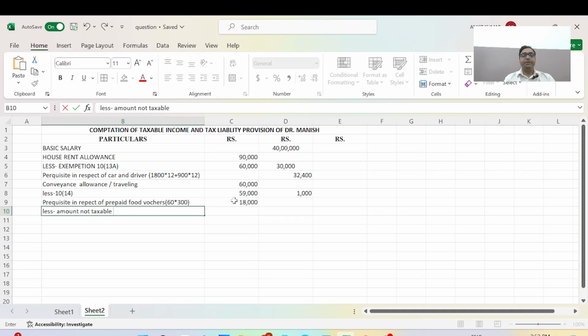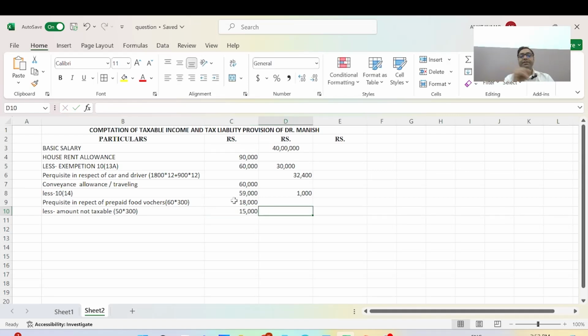This will be 50 rupees multiplied by 300, which is 15,000. It means 18,000 minus 15,000, so 3,000 is the taxable amount.